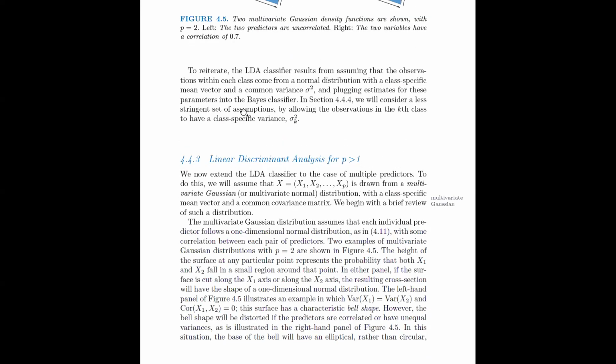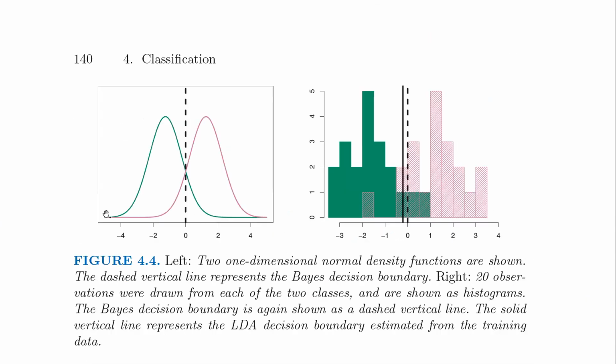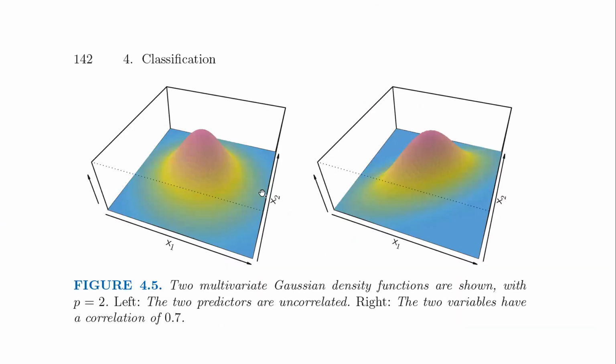It really gets interesting when you have more than a single predictor variable, because instead of working with what we had in Desmos, which were probability density curves, like the histogram that we had in R, you're going to get these density surfaces.